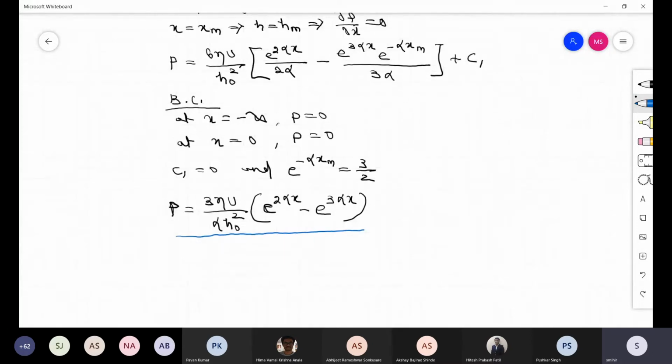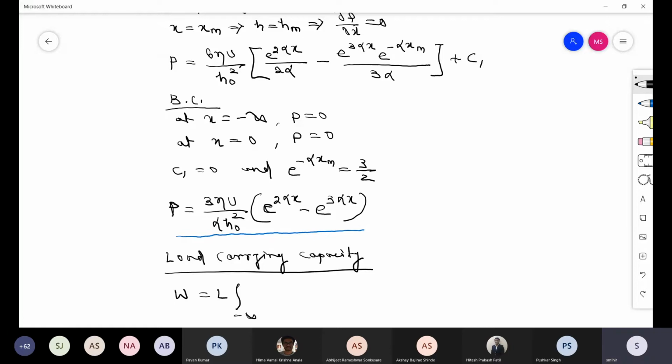If you want to find out the load carrying capacity, that will be W equal to L times the integral from minus infinity to 0 of P dx.